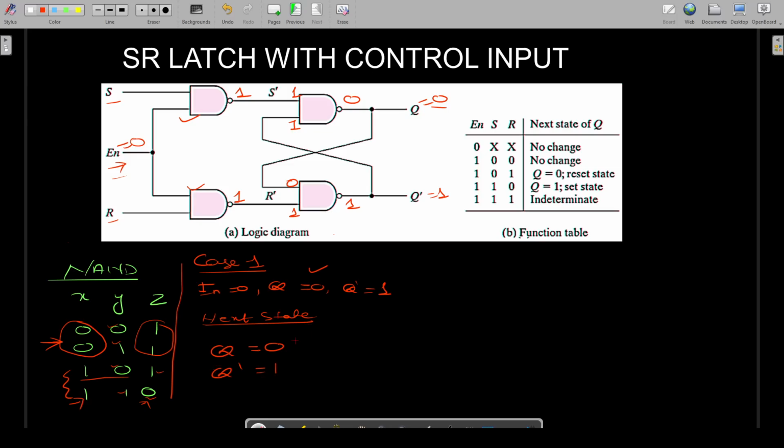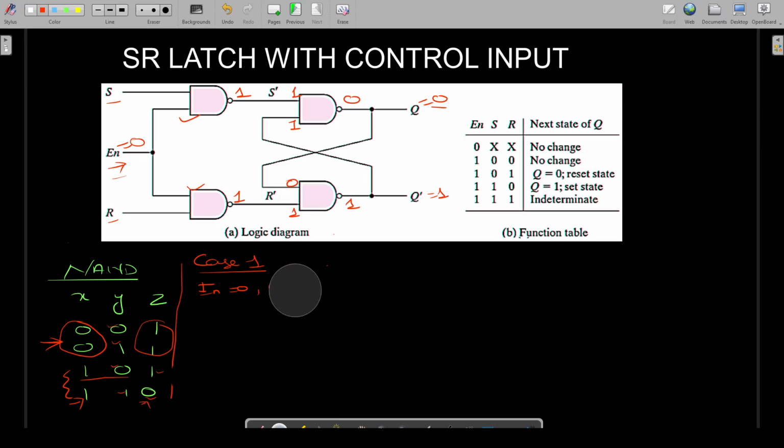Now you can see this value is the same as the previous value. That means initially the value was 0 1, now also the value is 0 1, it has not changed. Now let us see what happens if I change the initial condition.